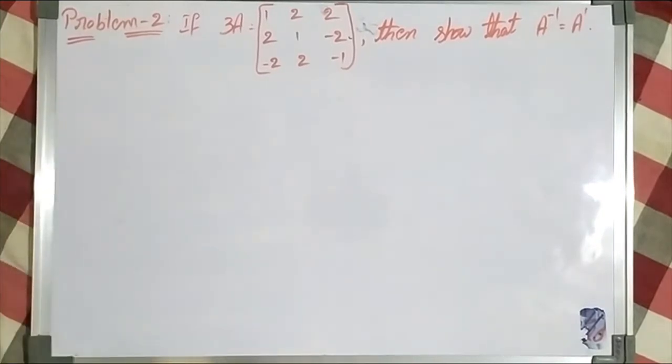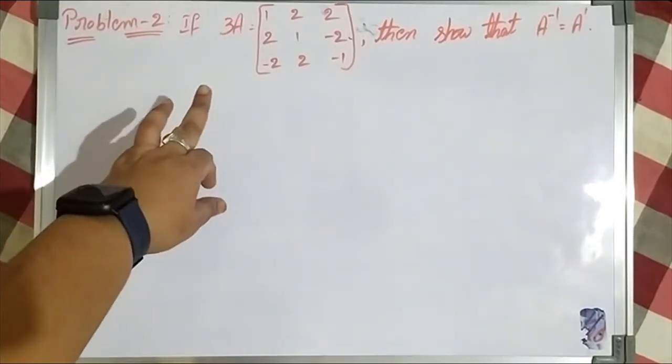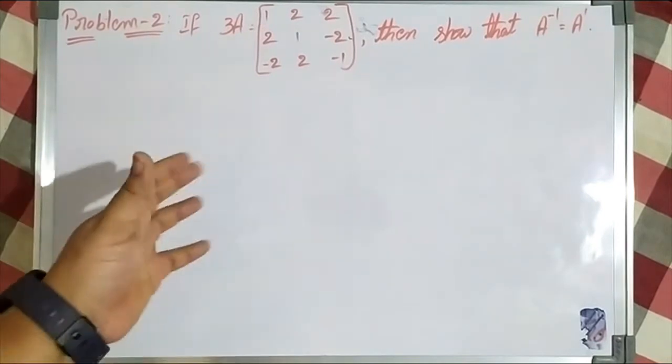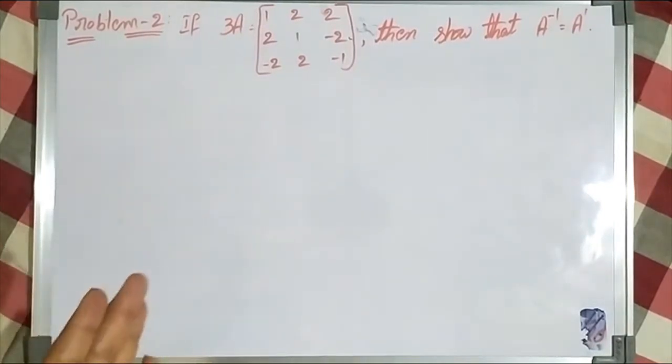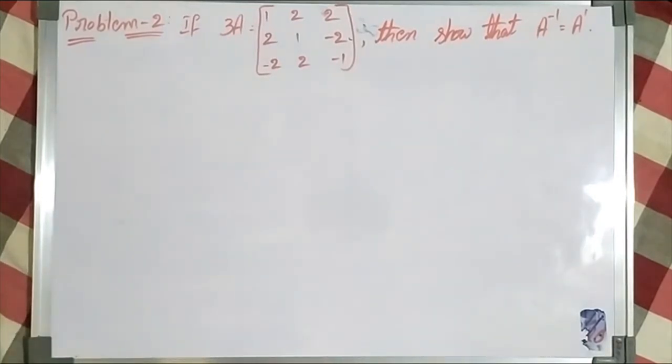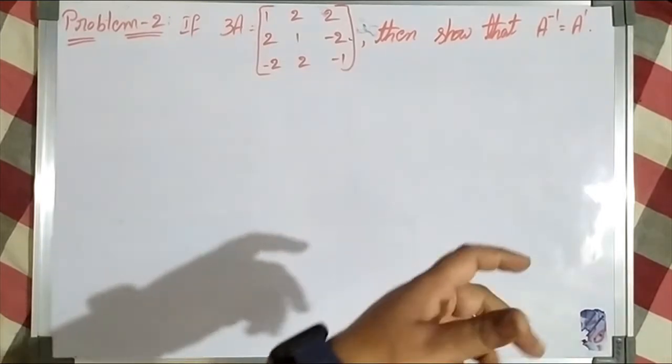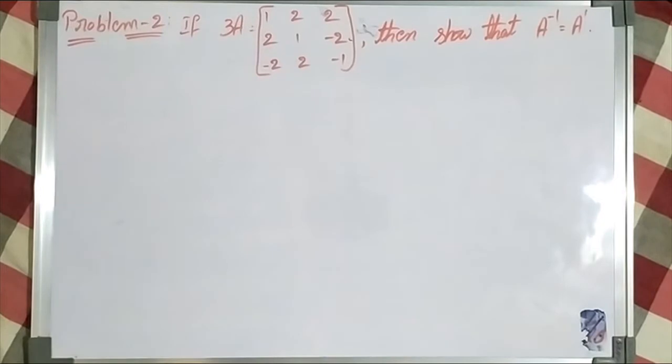This is our given matrix. From the 3A matrix, we convert it into the A matrix, and then we find the A inverse value and also the A transpose value. Then we show that A transpose is equal to A inverse. Then we will go to the solution.